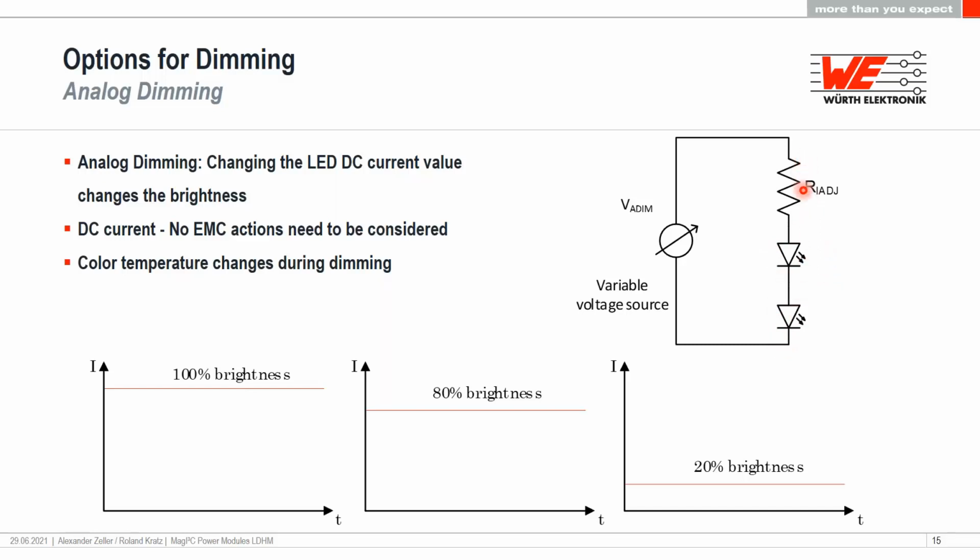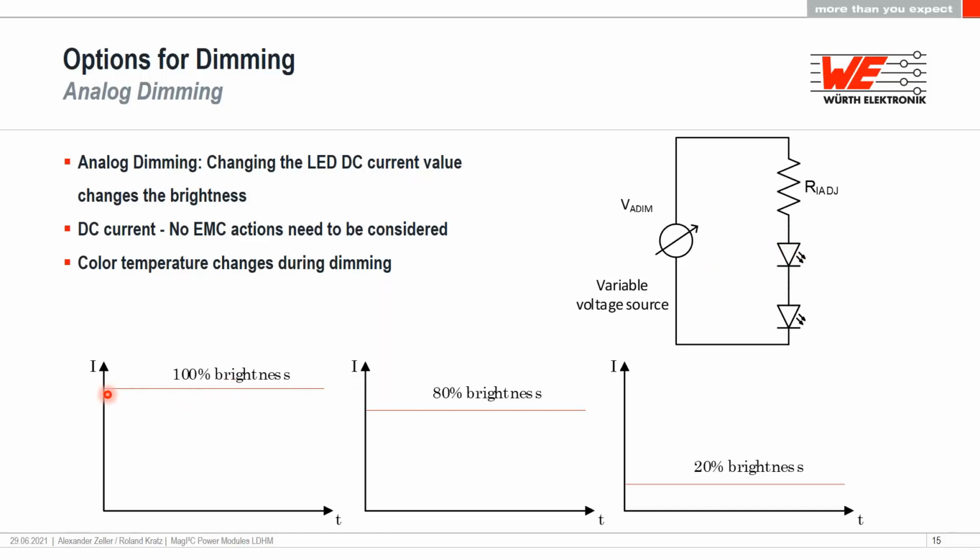Then you automatically will have 1 volt across this resistor, and you can adjust a DC current through the LED with this resistor. For example, when you have a variable voltage source here, you can just set the LED current from 0 to maximum.